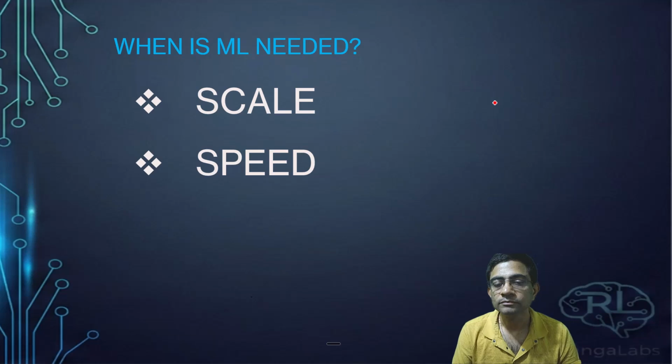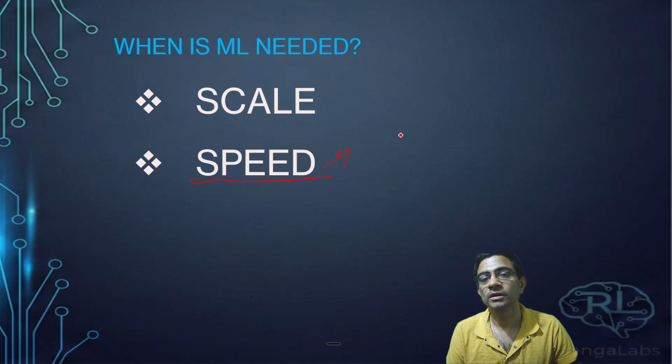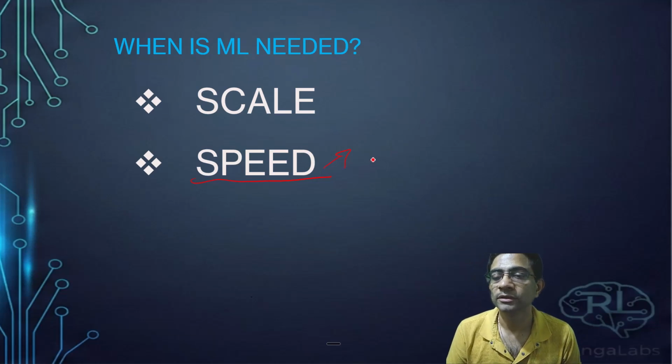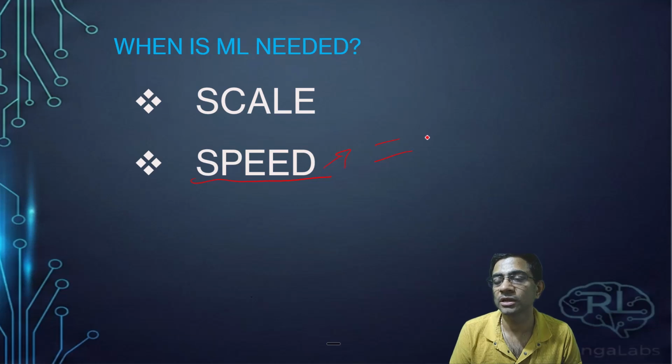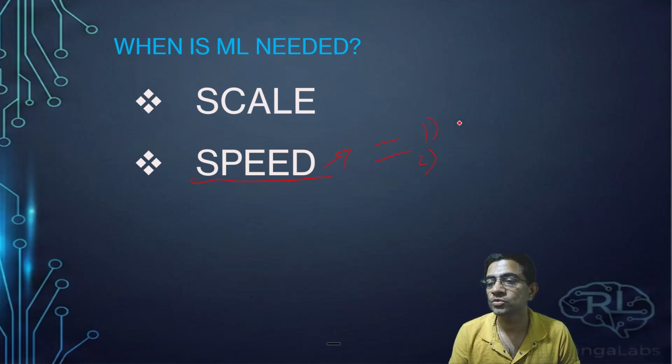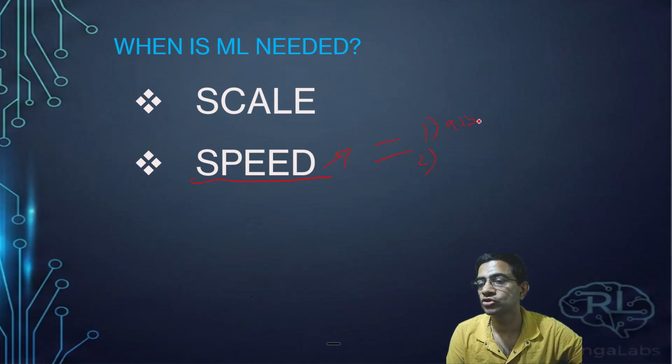Speed. You might feel it is counterintuitive. In the last slide we talked about programming being faster and machine learning being slower, but why do we need machine learning? What we are talking about are two different stages of the same data collection and analysis process. The first one, where programming is faster, is where we have the clear output.